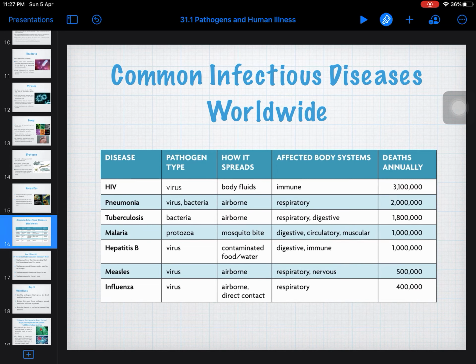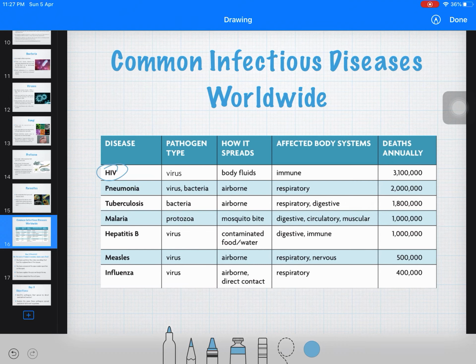Let's analyze it quickly by taking examples. If we take HIV, or the disease should be called AIDS actually, not HIV, because HIV is the virus that causes this disease. So AIDS is caused by a virus, which is HIV.